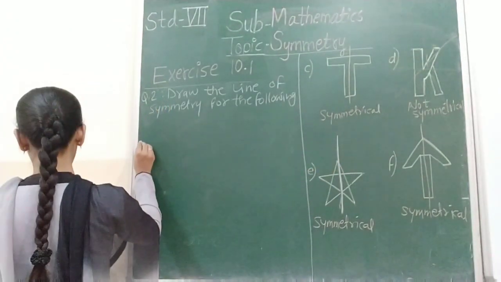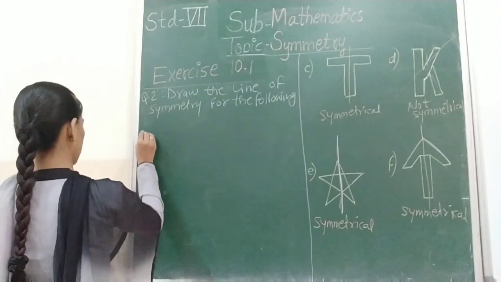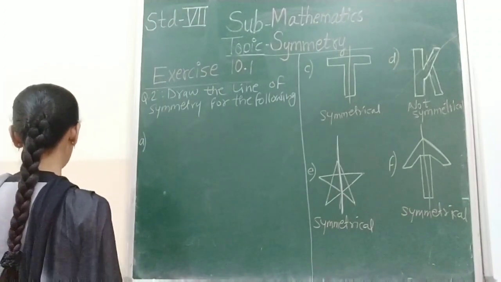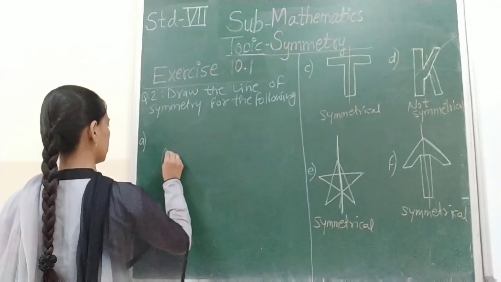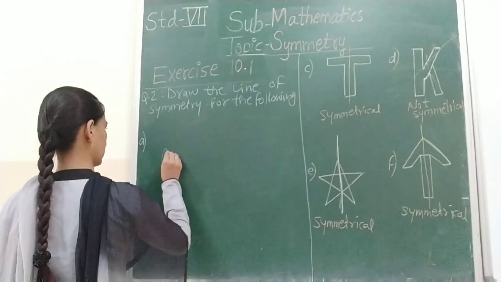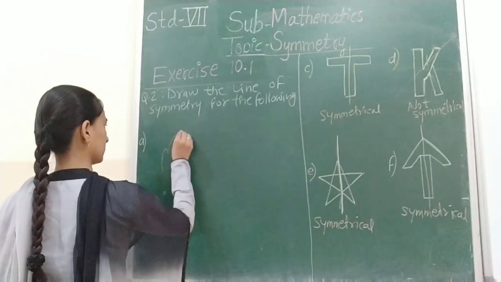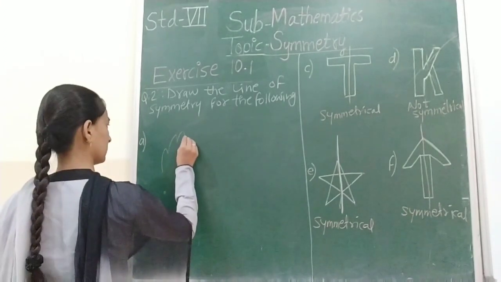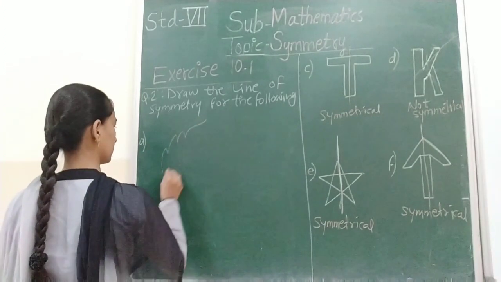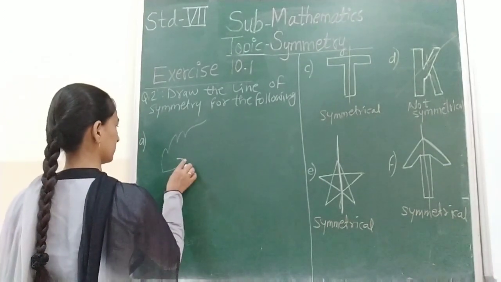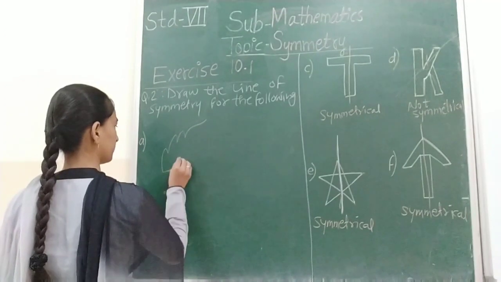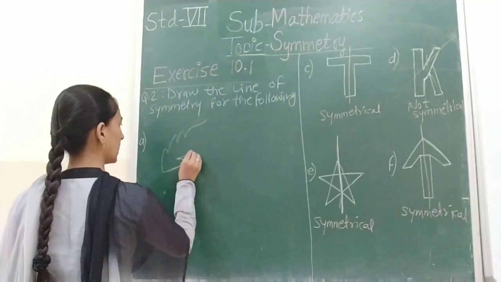The first figure is, it is, I think, a leaf. My drawing is not that good.